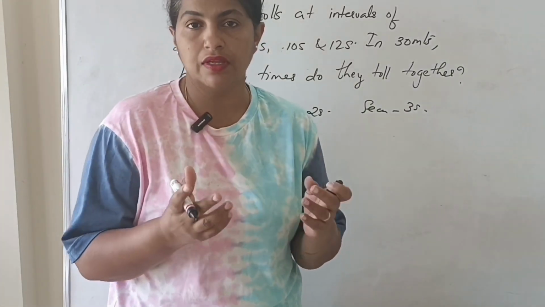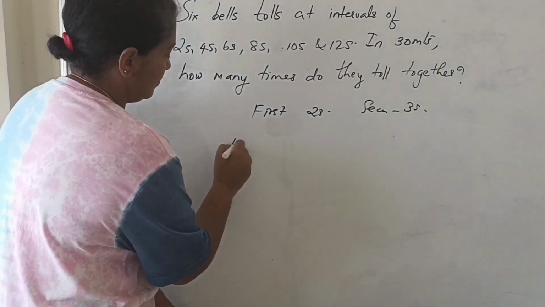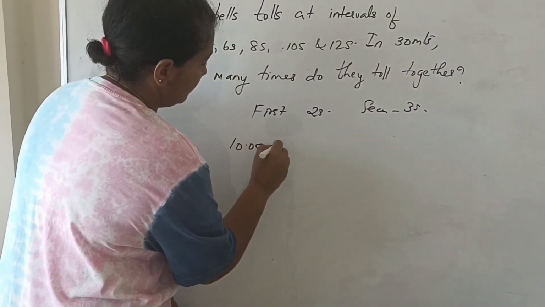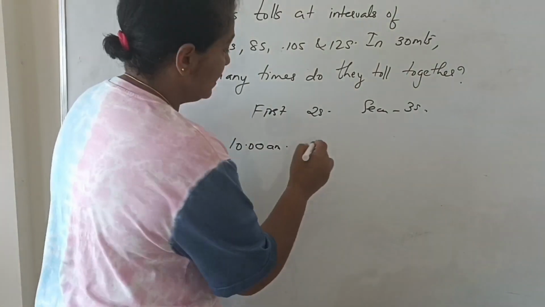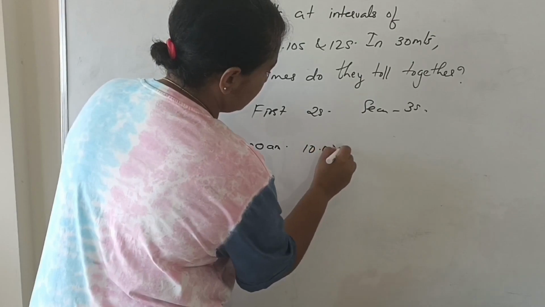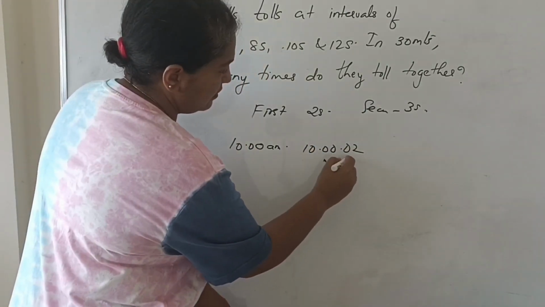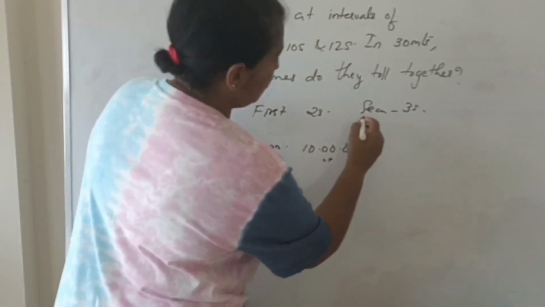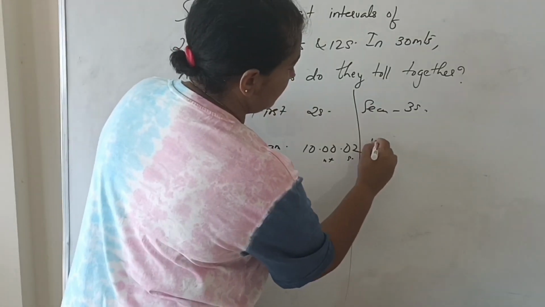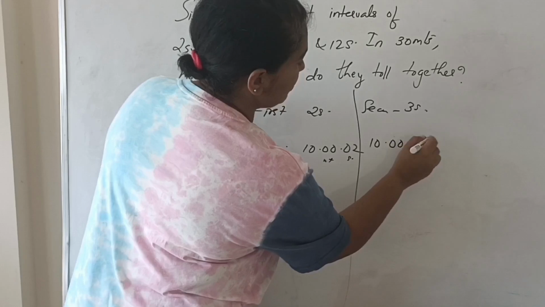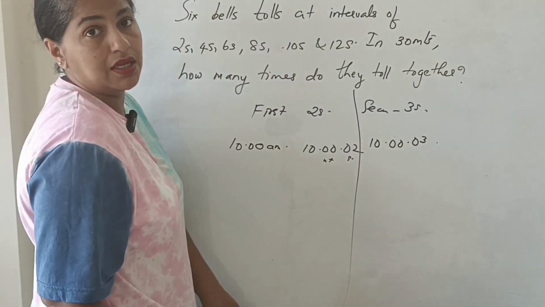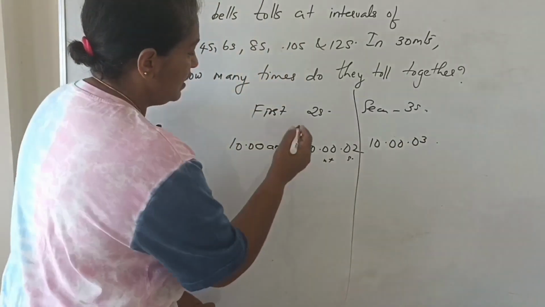I am going to start with a random time, let us choose 10 a.m. The first bell has tolled after 2 seconds. This represents minutes and this represents seconds. Now what about the second bell? The second bell will toll at 10:03. I am talking about the number of seconds.